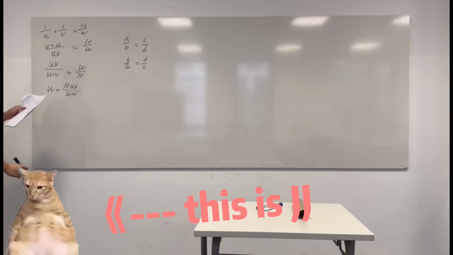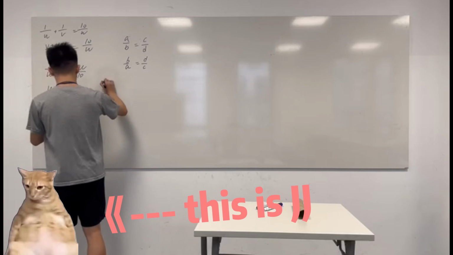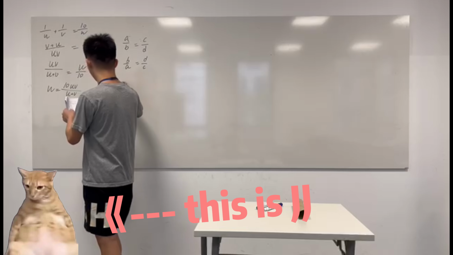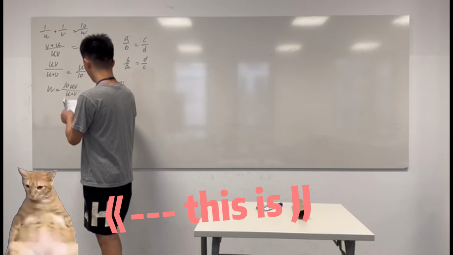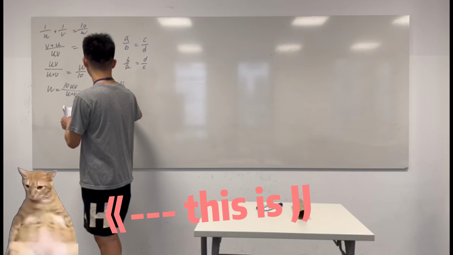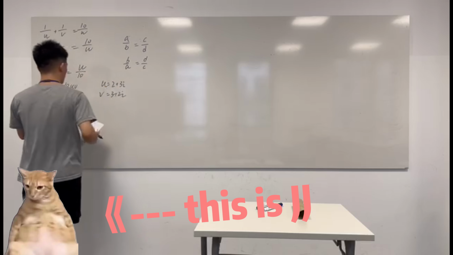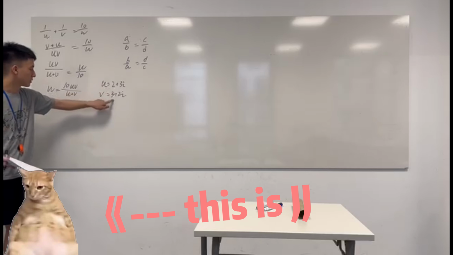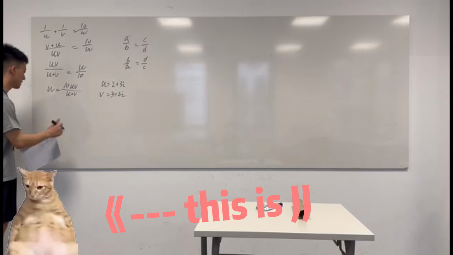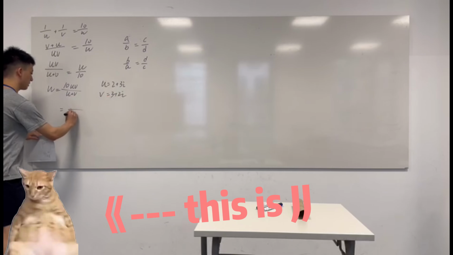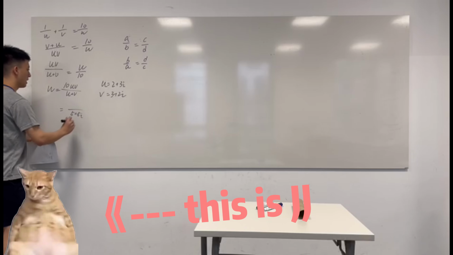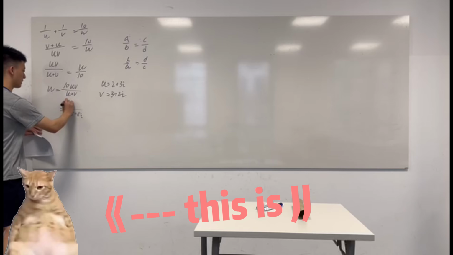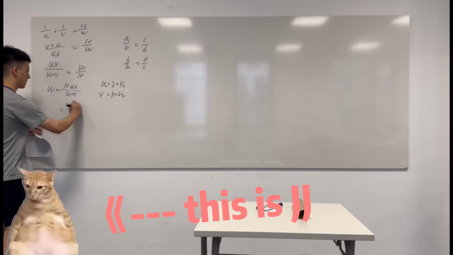So u is 2 plus 3i, v is 3 plus 2i. Let's see. u plus v is 2 plus 3 plus 3i plus 2i, which is 5 plus 5i. And the thing above is 10 times 2 plus 3i times 3 plus 2i.